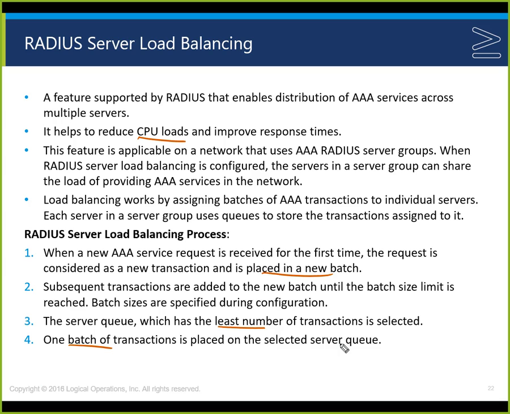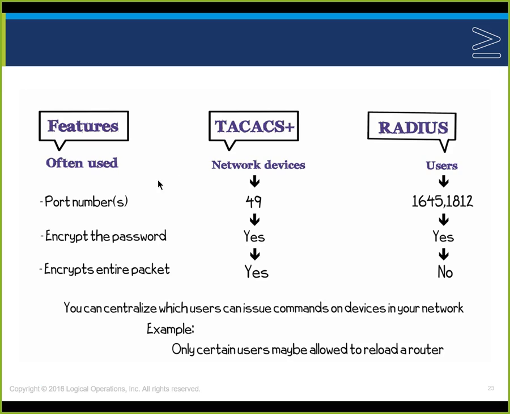So it's the same thing you would expect in load balancing. It's not a strict round robin that goes from one to the other. It's a weighted round robin. It checks to see which one's busy, and then sends the request to the unbusy one.